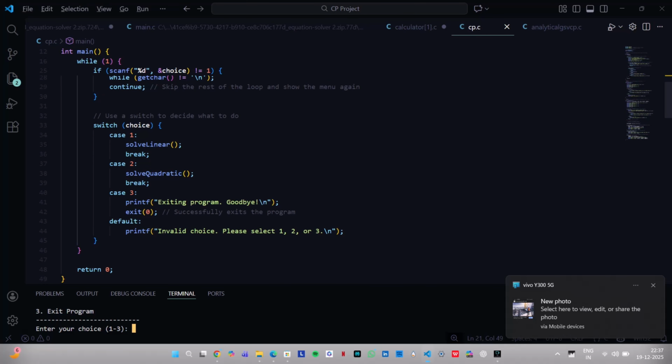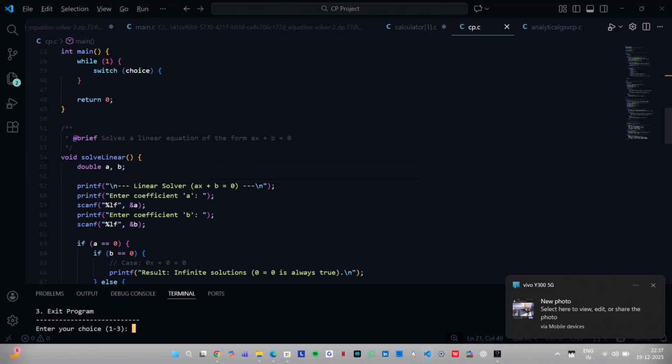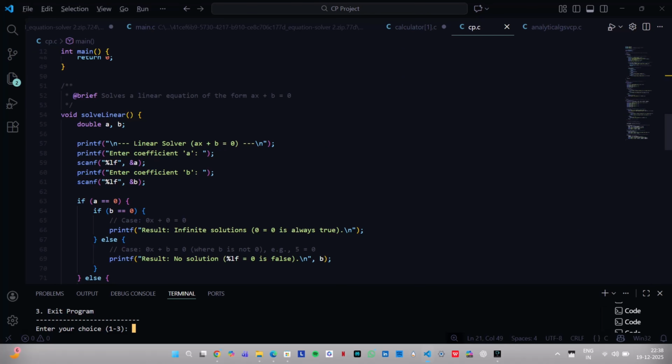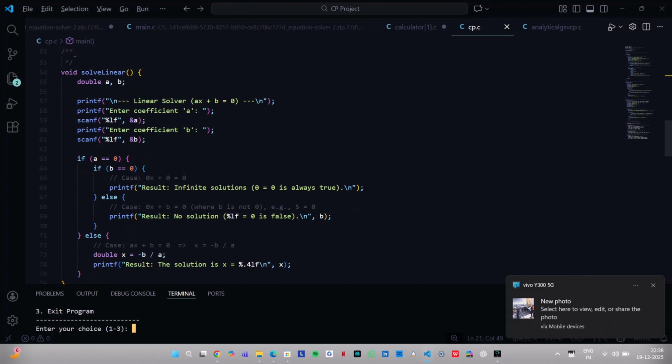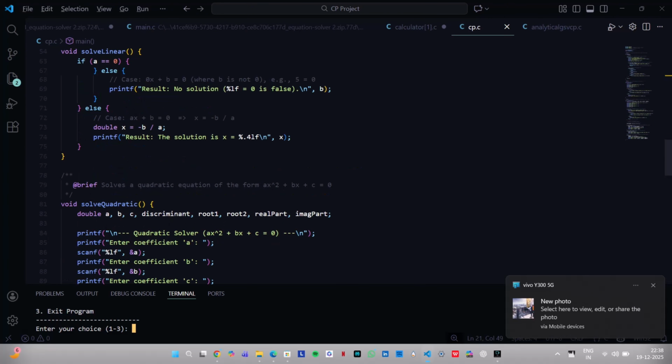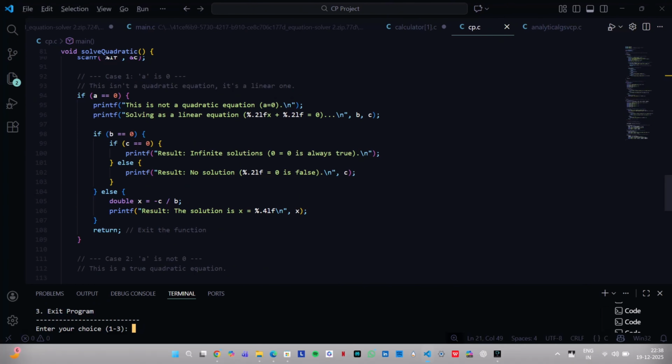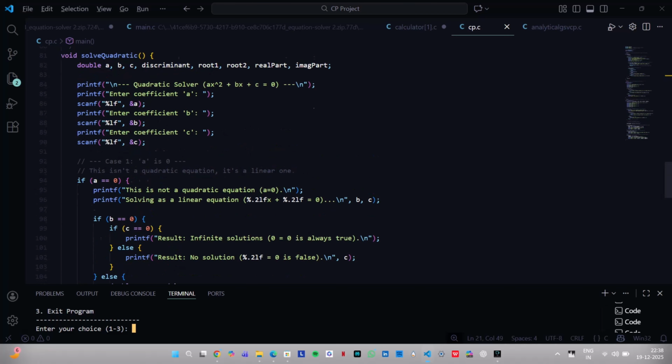This is case 1, case 2, solve quadratic equation. This is basic programming, by the way. We use void solve linear.